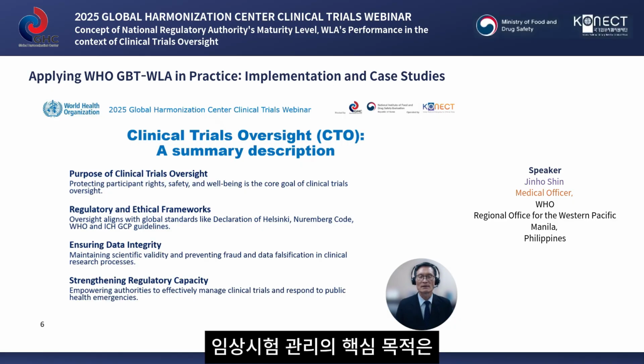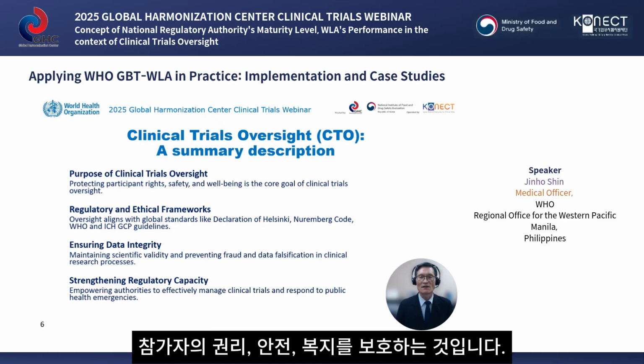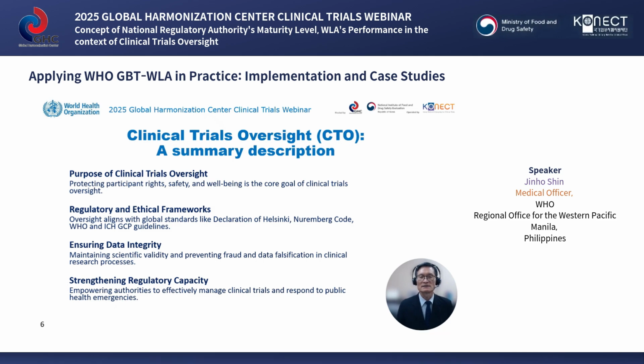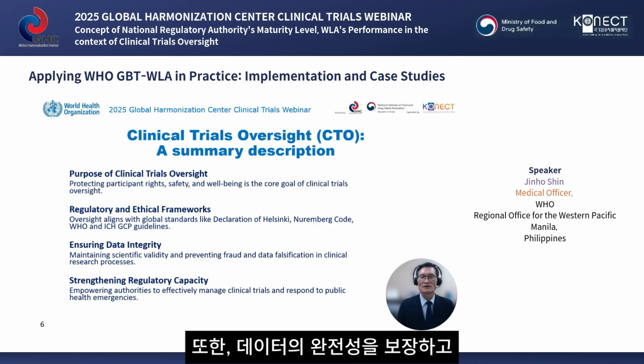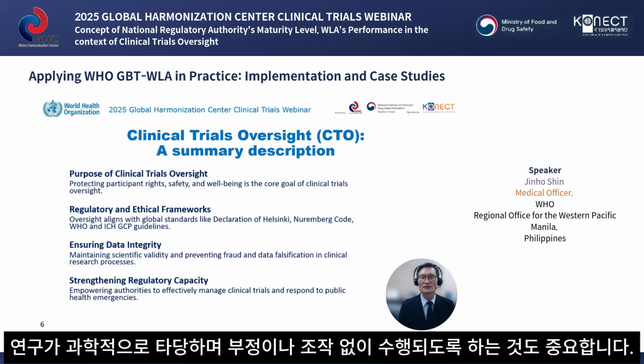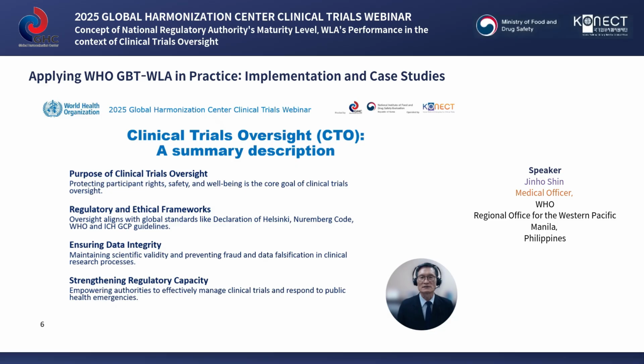The core purpose of clinical trials oversight is to protect the rights, safety, and well-being of participants. Oversight aligns with global standards like the Declaration of Helsinki, the Nuremberg Code, WHO, and ICH GCP guidelines. It's also about ensuring data integrity, making sure research is scientifically valid and free from fraud.